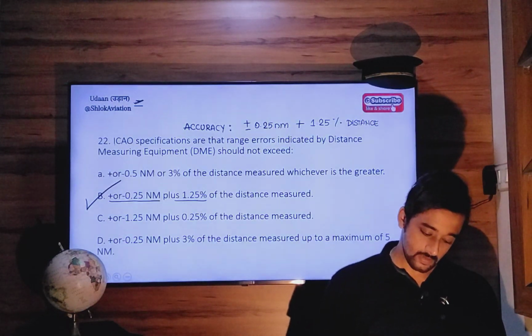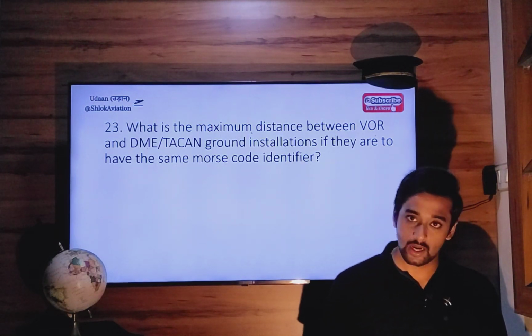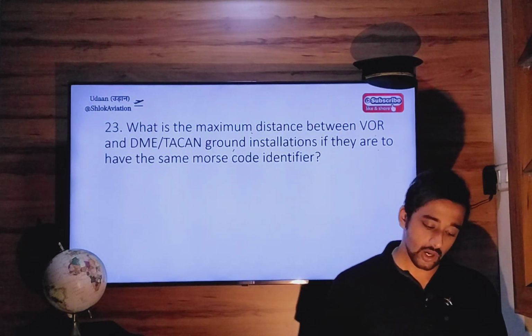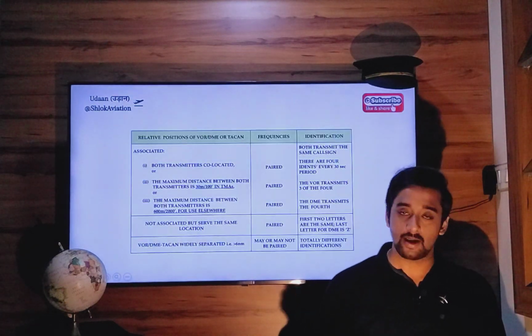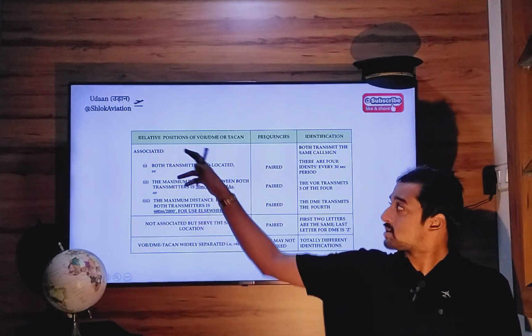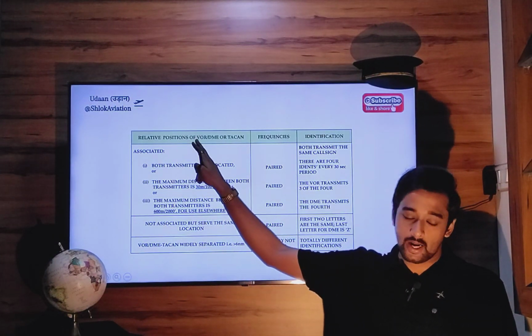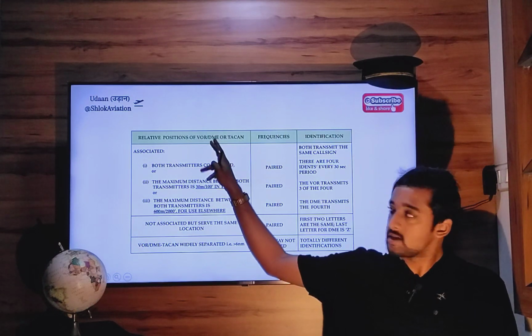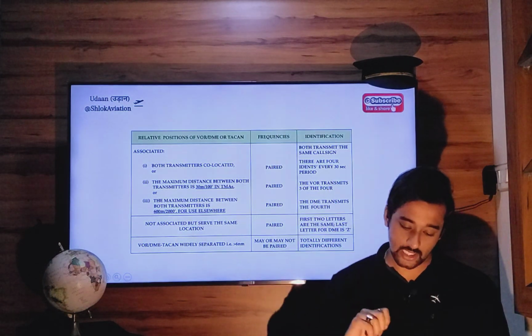Okay. Next. What is the maximum distance between VOR and DME ground installations if they are to have the same Morse code identifier? So very important table given in the Oxford. First, the table begins with the first column headed relative positions of VOR DME or TACAN facility. The second column frequency, the third column Morse code identification.